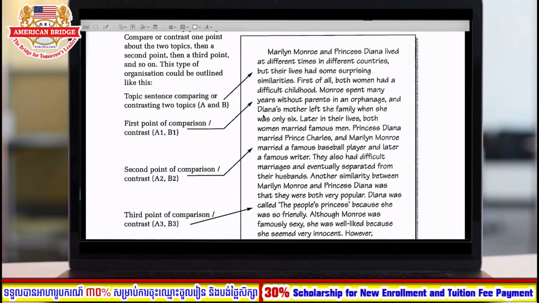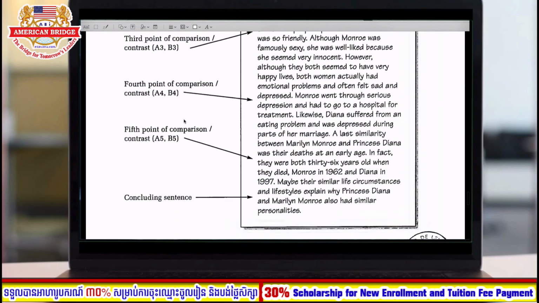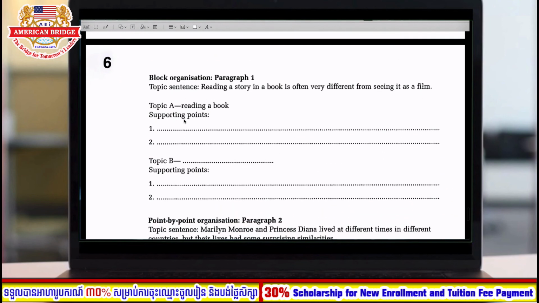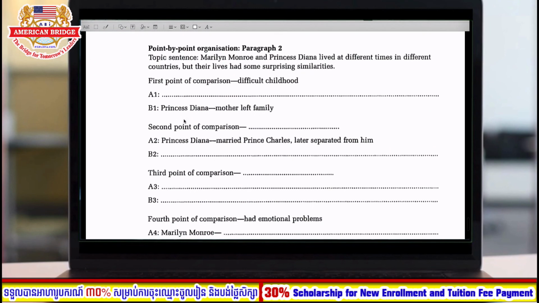The organization of this paragraph is totally different from the first one that we have just seen, because they use one important point here. Okay, let's look at this to have a better understanding. In point by point organization, first they talk about the difficult childhood, and these two people have similarities because they had the same difficult childhood.